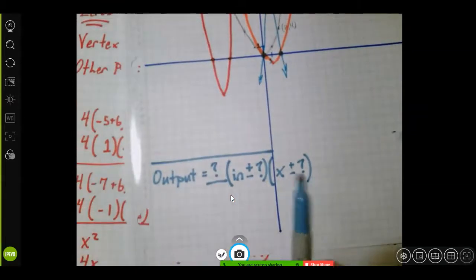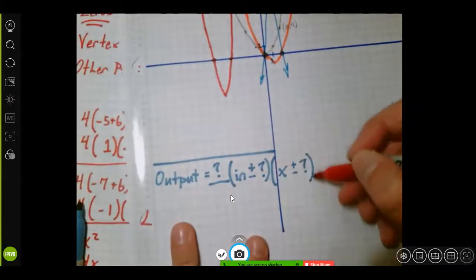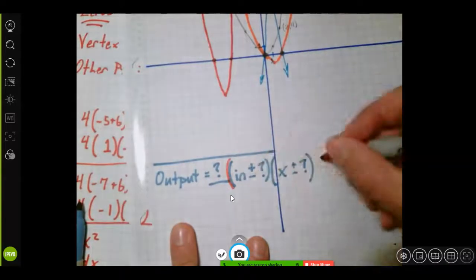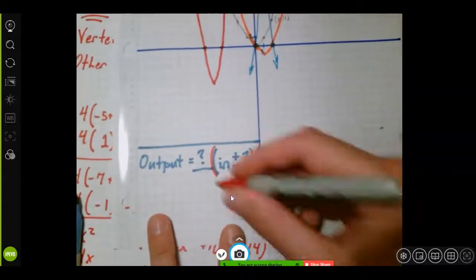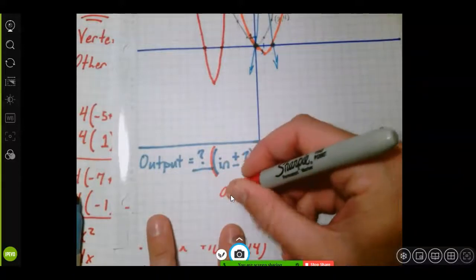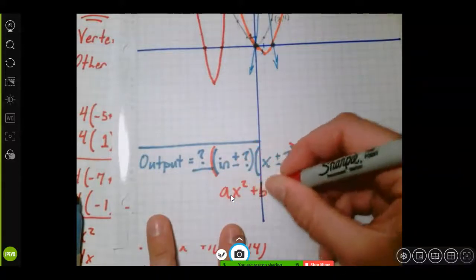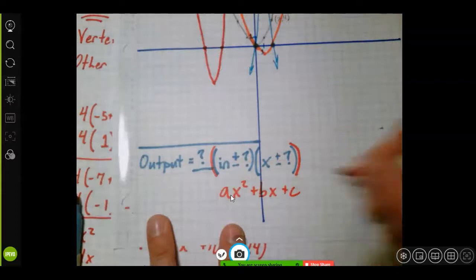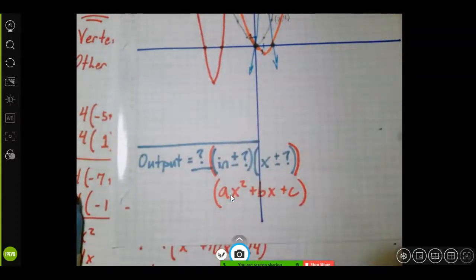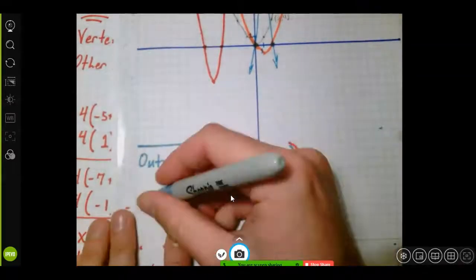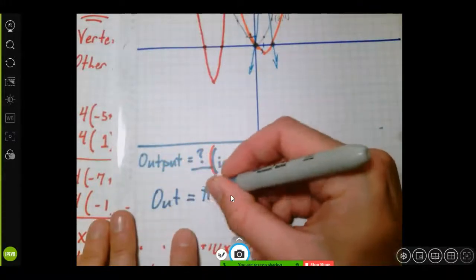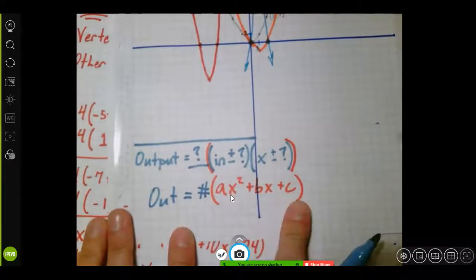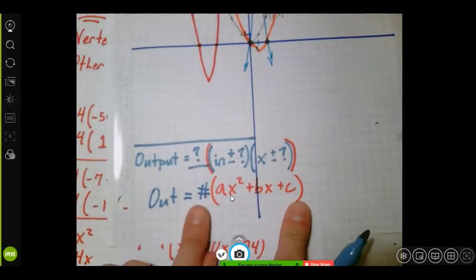And we're going to pick this up next week. But guys, these two binomials will together become a trinomial, right? These will become ax squared plus bx plus c. And still, we're going to then be told, okay, to get your output, multiply whatever you got by this other number outside.